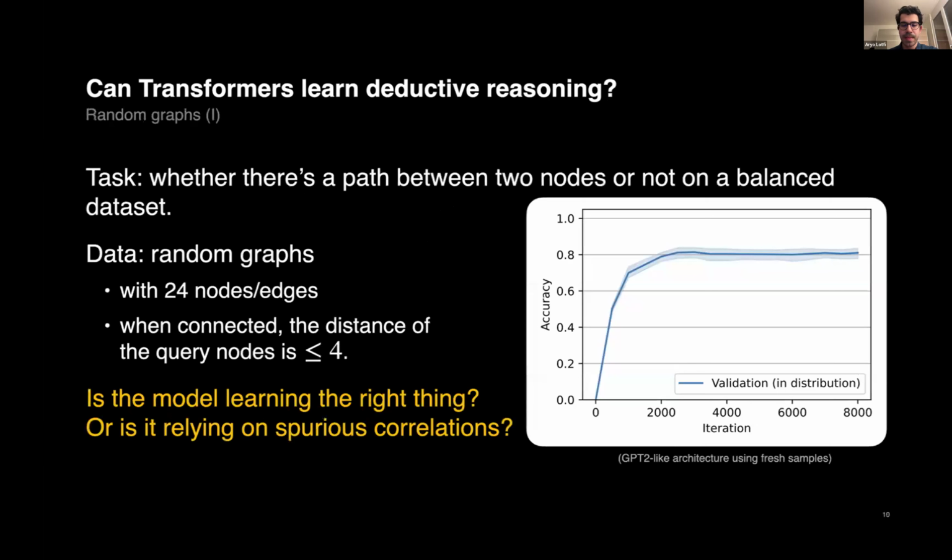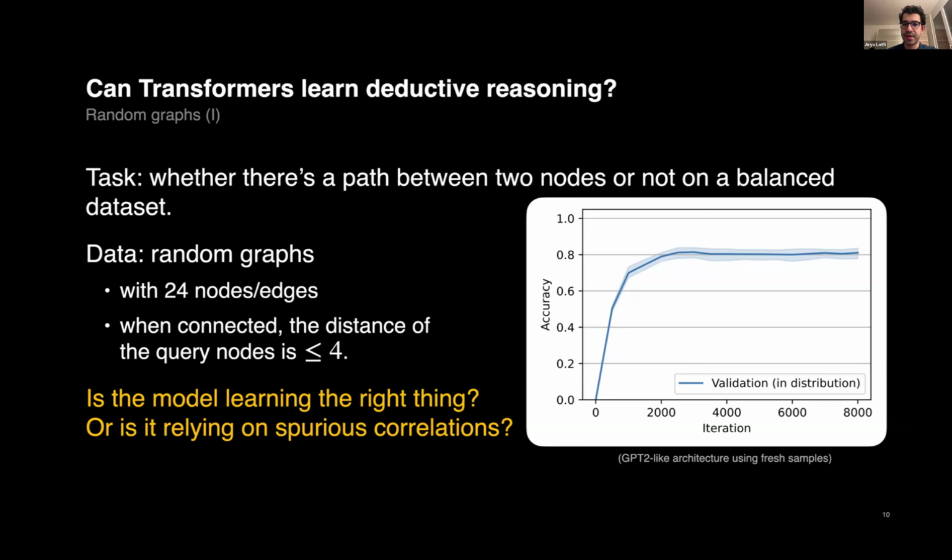First we had a very simple experiment. We generated graphs using Erdos-Renyi graphs with 24 nodes and 24 edges, and we trained a GPT-2 style architecture on this task. We observed that it can reach an accuracy of 80%, and after that point it plateaus and cannot go beyond.